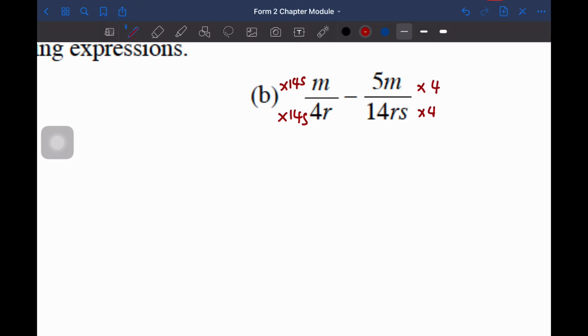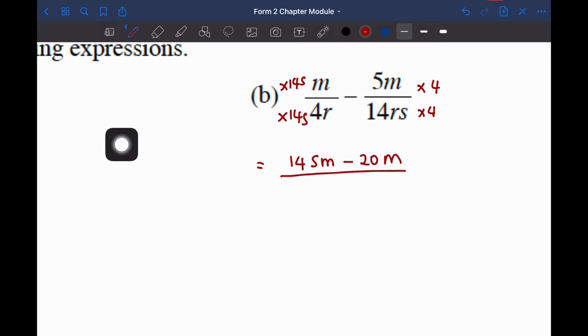Okay, so we get 14SM minus 5 times 4, 20M over 14 times 4, 56RS. Bawah dia memang akan sama lah dua-dua ni.